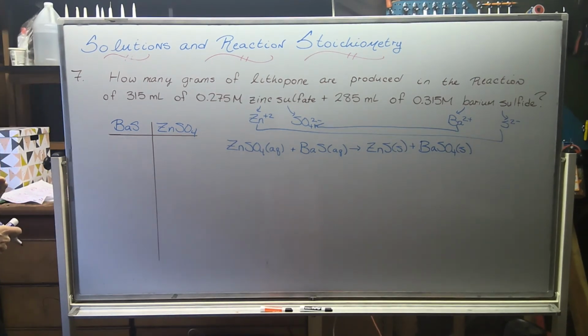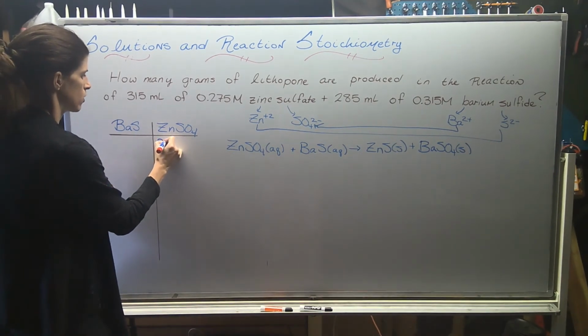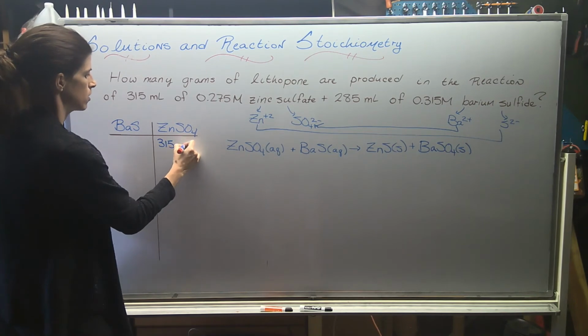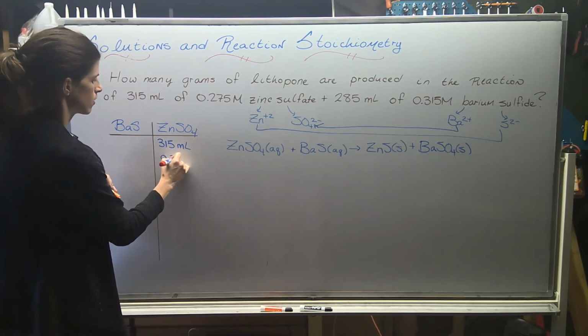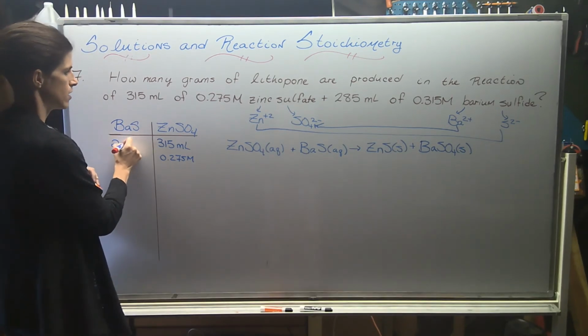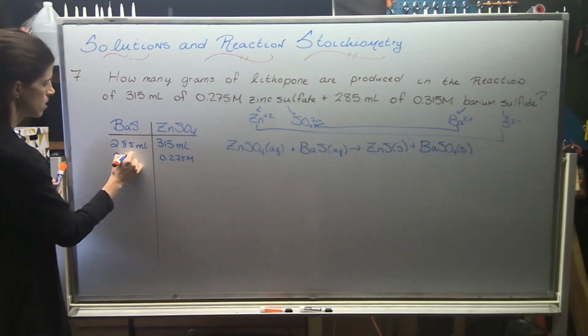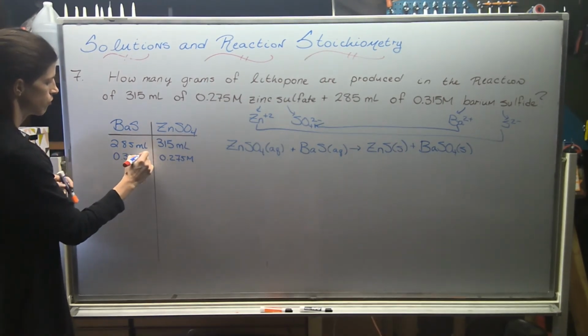So we have 315 mils of 0.275 molar zinc sulfate. So I already set up my T-chart, and I'm going to put the information in there. And 285 mils of 0.315 barium sulfide.